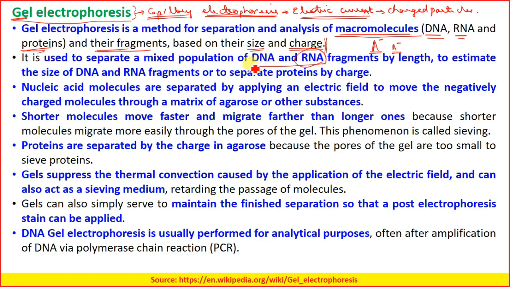And if you want to quantify the number of bacterial cells or mammalian cells, whatever you call, then in the biological samples we'll have a mixed population of those DNAs and RNAs, and they will be fragmented. They might be of different sizes and shapes, these DNA and RNA fragments.